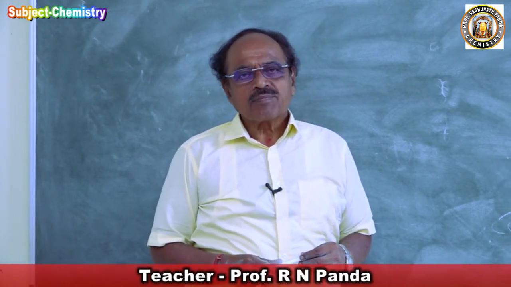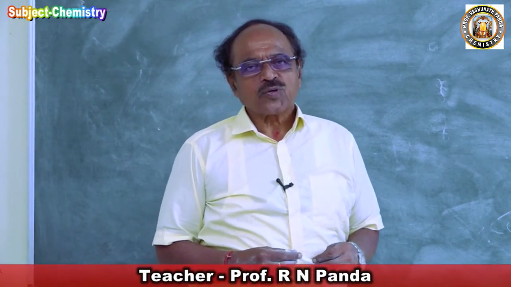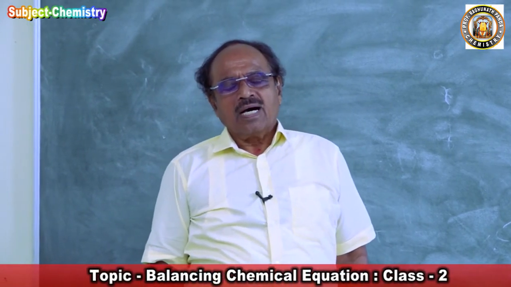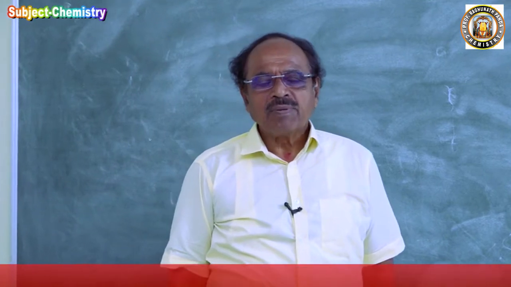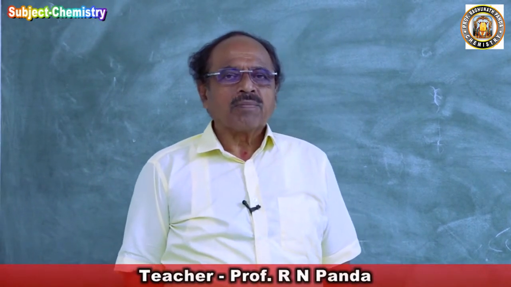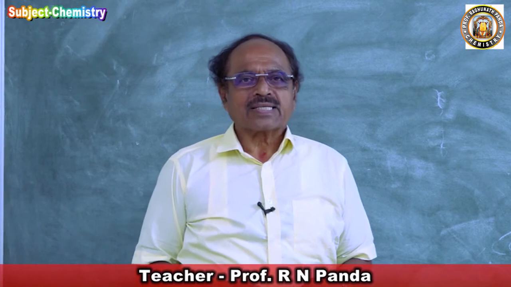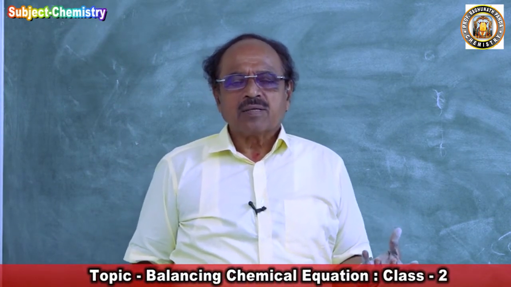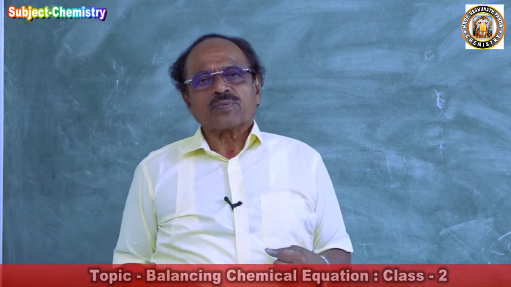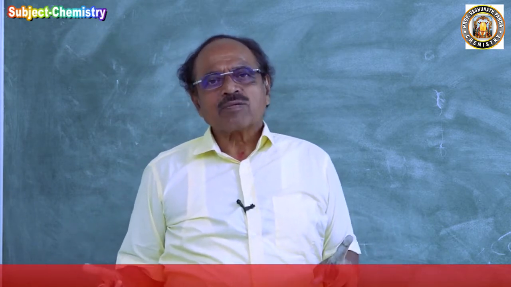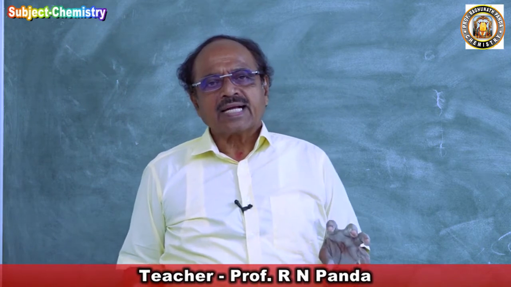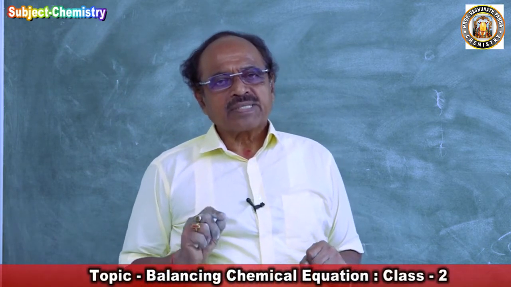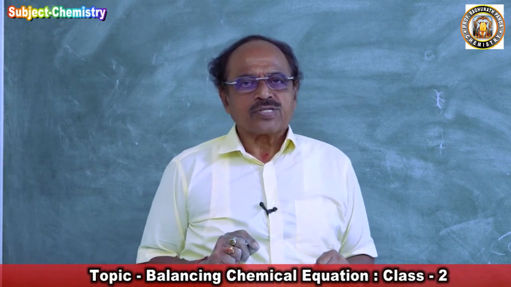Since atoms can never be created or destroyed, the number of atoms of reactant will always be equal to the number of atoms of product. So there exists an equality between the reactant and product. Hence every chemical reaction can be represented by a chemical equation.